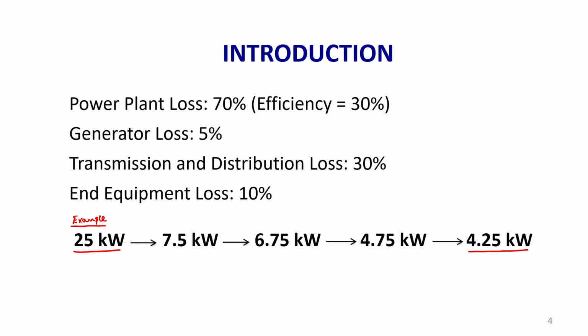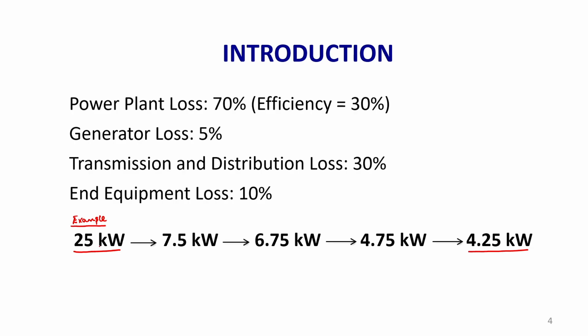This is after the various losses, like power plant loss, generator loss, transmission and distribution loss, end equipment loss, everything. So, the input has a potential to develop 25 kilowatt of power, but I am getting only 4.25 kilowatt of power. Even if you take this number as 5, it is just 1/5, 20%.